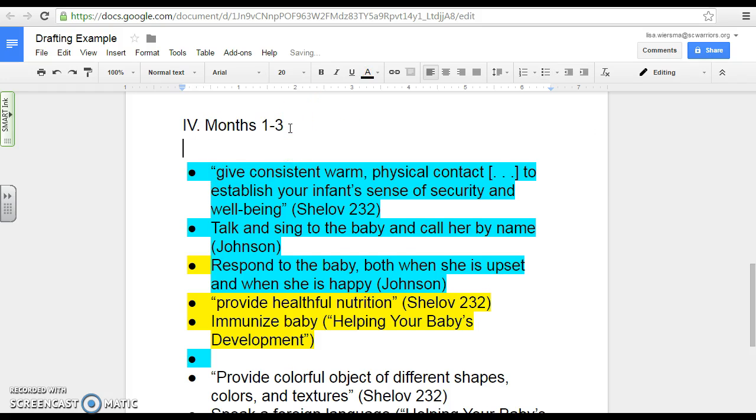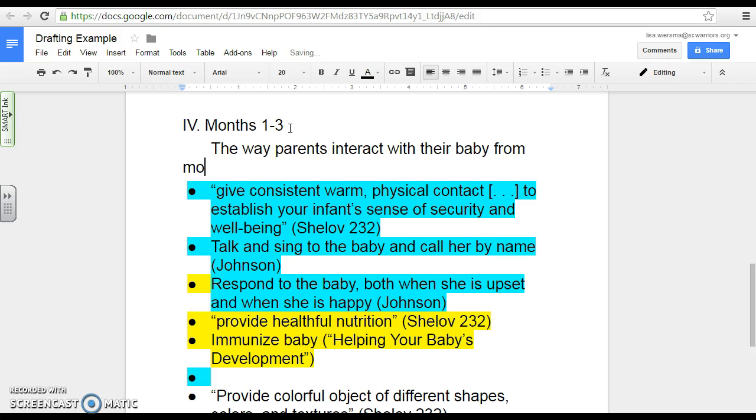And I'm going to start with a topic sentence because I have one in mind. If you don't have an idea for a topic sentence, just start with the information and then go backwards. So the way parents interact with their baby from months 1 to 3 is very important.